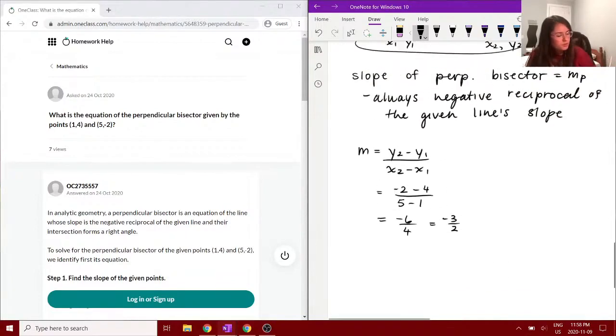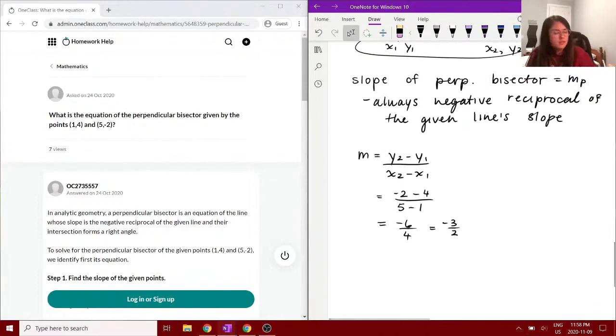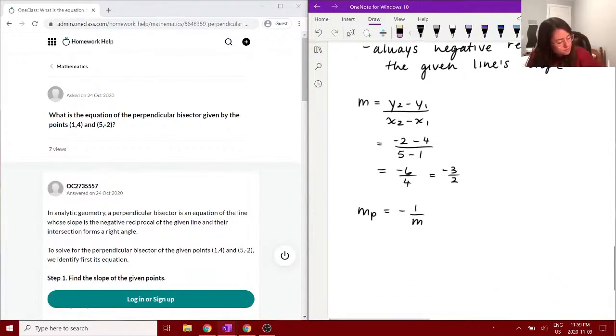Okay, so remember for MP, the slope of the perpendicular bisector, what we want is the negative reciprocal. Negative, we know what that means. Reciprocal is flipped. So the negative reciprocal of the given line slope, which we just found, is negative 1 over m, and m is negative 3 over 2.